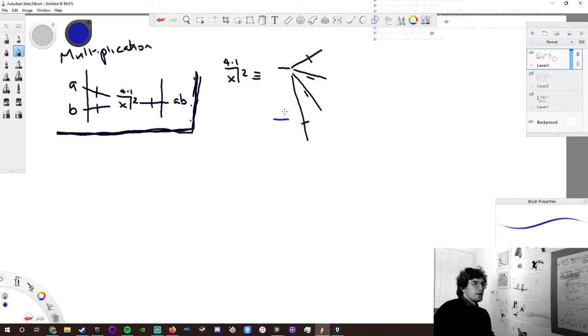Nice bright blue. I also want another positive. Both of these positives. Again, try not to cross the lines. Positive, and then these guys are negatives.